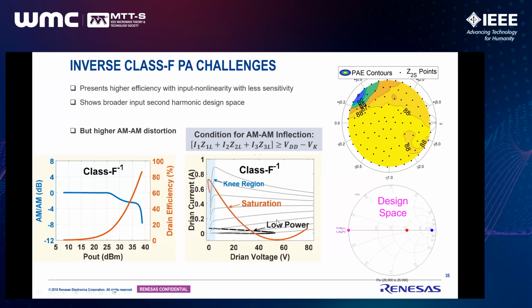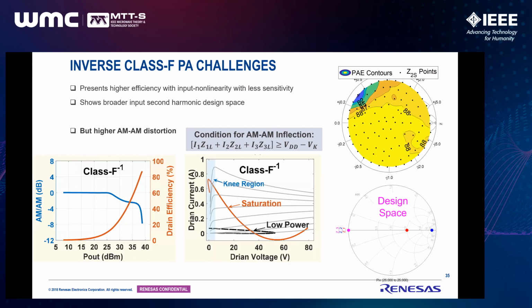So that's one limitation for inverse class F to realize in commercial applications, because it's not only that we can get whatever efficiency we want, but at the end, if it is not linearizable, that efficiency is not going to be any useful.